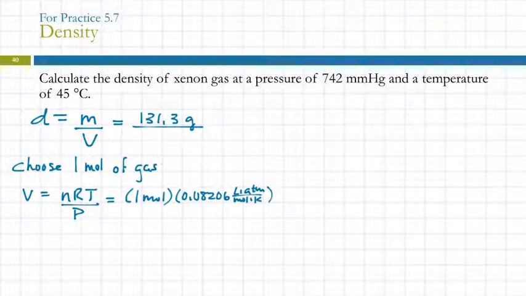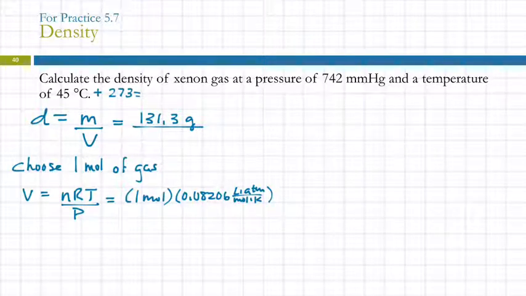Temperature. Okay, they gave me the temperature in Celsius. Of course they did. I've actually never seen a thermometer that was calibrated in kelvins. It's always calibrated in Celsius. So we have to convert that to kelvins. Oh, I better not do that in my head.